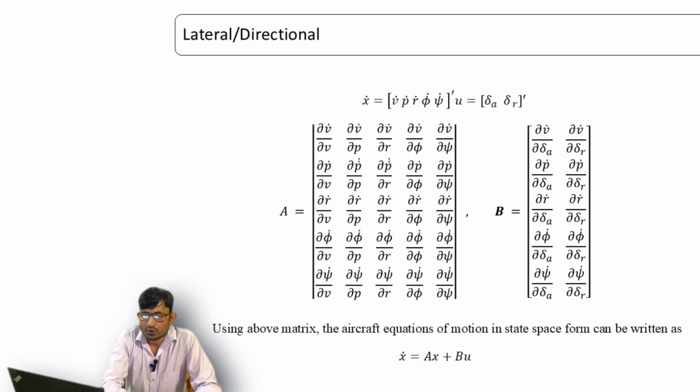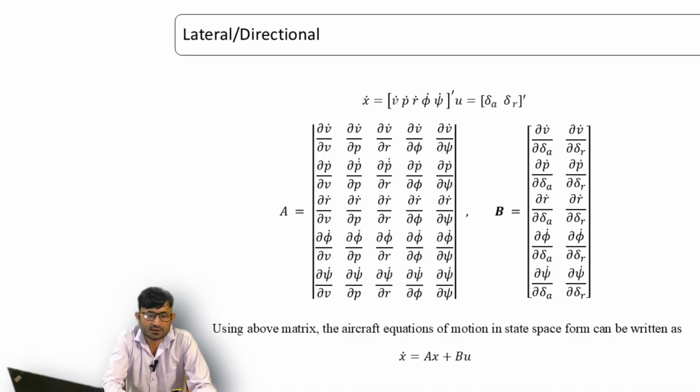Okay. Once you substitute the trim condition values, you will get the modes. And then the question comes, what will be the trim condition? As we took the last trim condition in the longitudinal case, we take the altitude of 8,000 feet and the trim speed of 45 meters per second. This is the design speed.